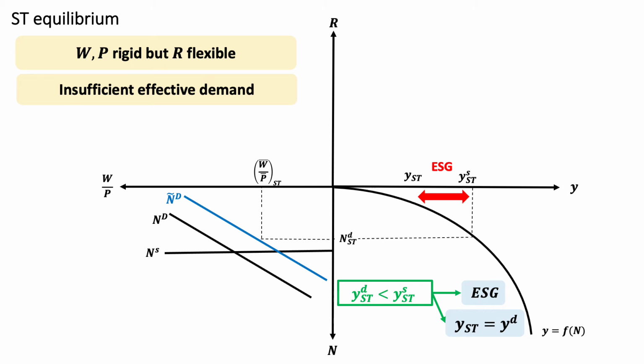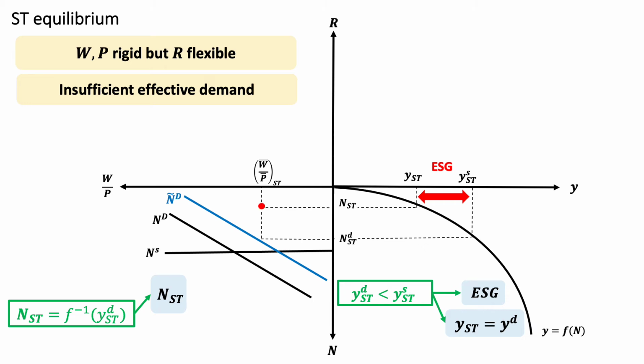Anyway, at this level of production, the firms will pass on the constraint to the labor market and hire less people.